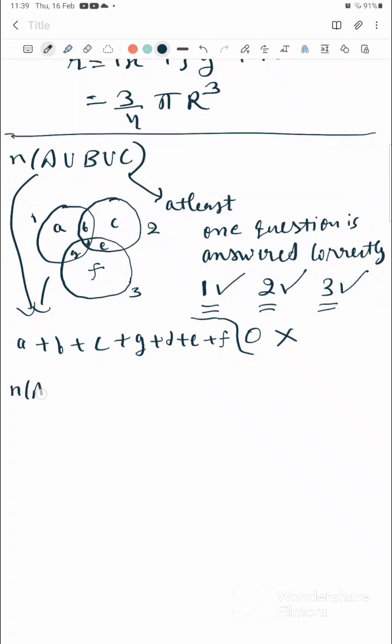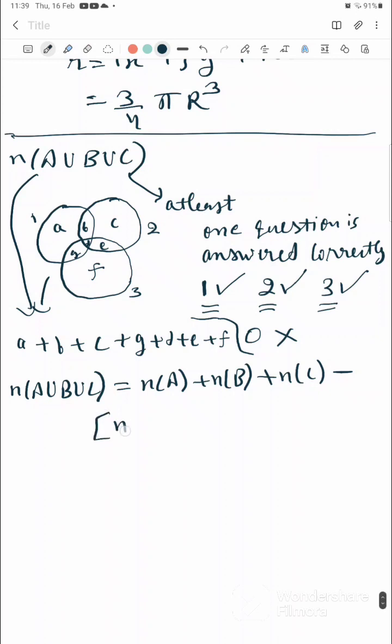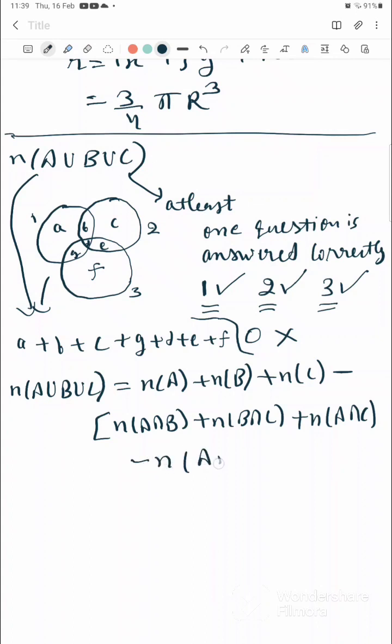So n(A union B union C) is equal to n(A) plus n(B) plus n(C) minus [n(A intersection B) plus n(B intersection C) and n(A intersection C)] plus n(A intersection B intersection C).